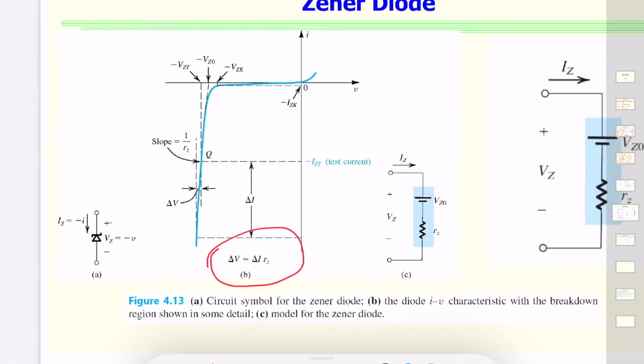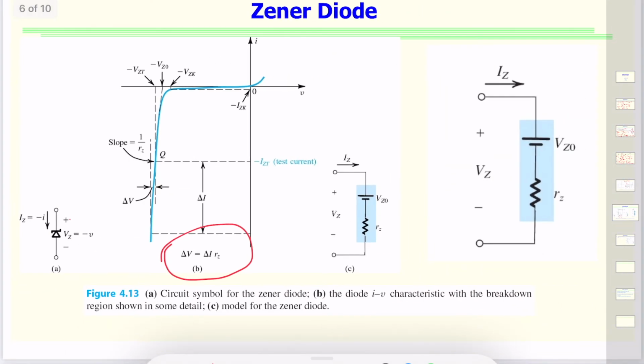So we don't want to take it too high in current because that would result in the device physically getting bad and burning. So a half watt 6.8 volt Zener diode can operate to a maximum current of about 70 milliamps.